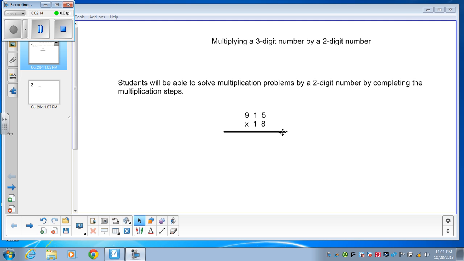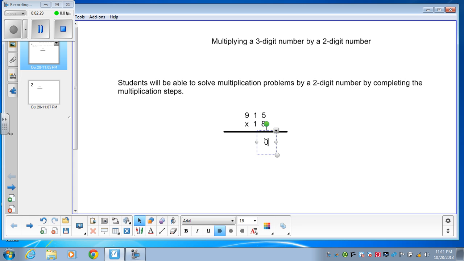When I go through my 5 times tables, because that's easier than my 8s, I find out that 8 times 5 is 5, 10, 15, 20, 25, 30, 35, 40. 40. I place my 0 underneath the 8, and I carry my 4, because the answer 40 is a 2-digit number, and it's bigger than the place value that I have here.